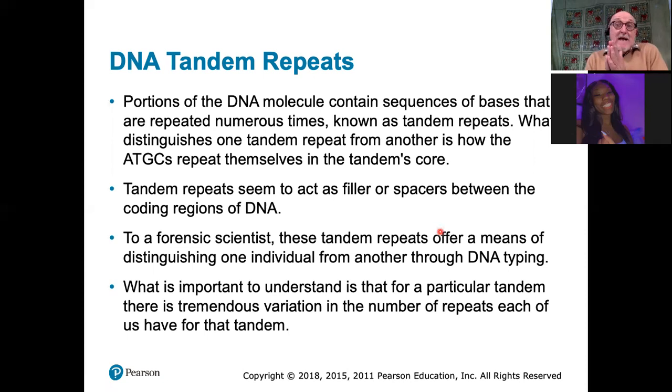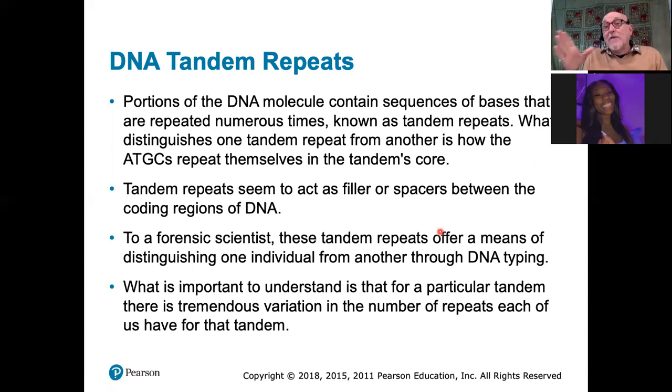Remember that inside our cells, in the nucleus, each chromosome occurs in pairs. There is a maternal chromosome and a paternal chromosome for each of the 23 pairs of chromosomes that we have. So you inherit information from your mother, you inherit information from your father, but your overall genetic makeup is entirely unique.